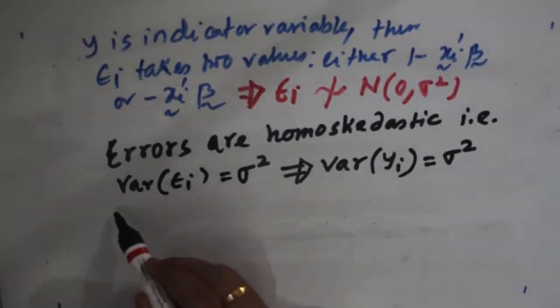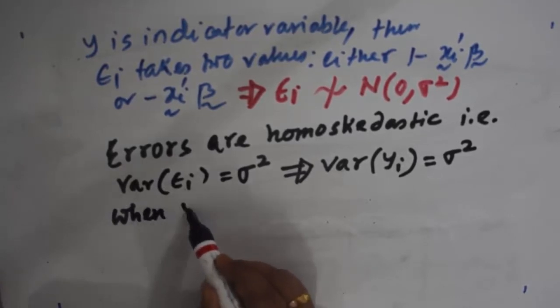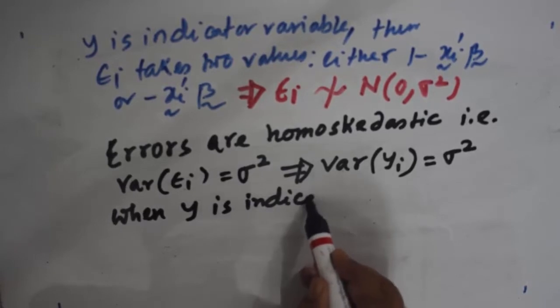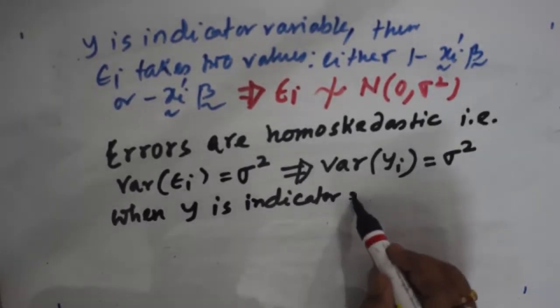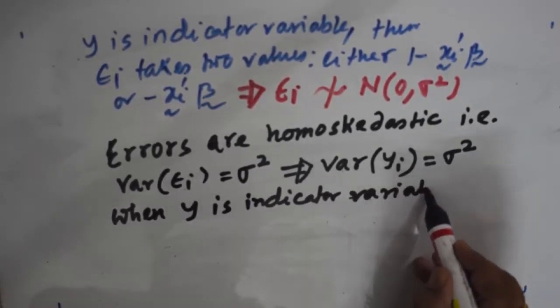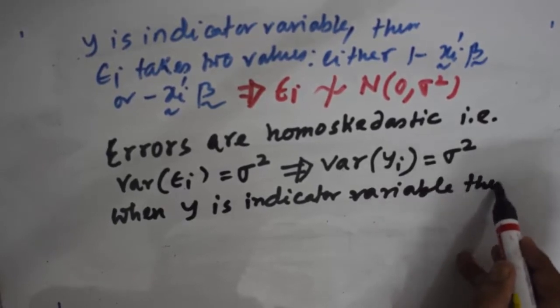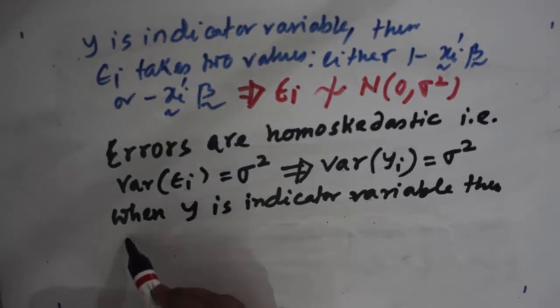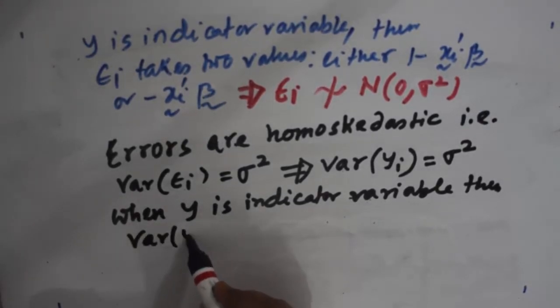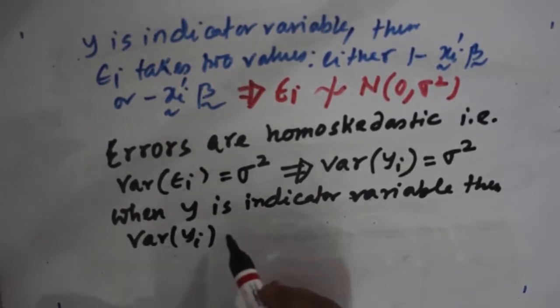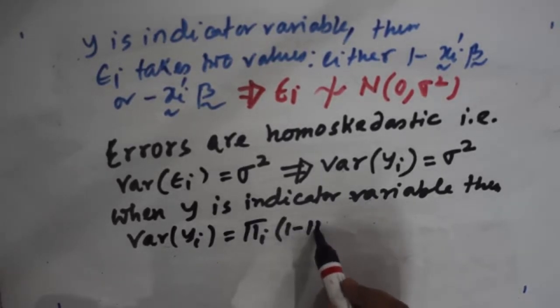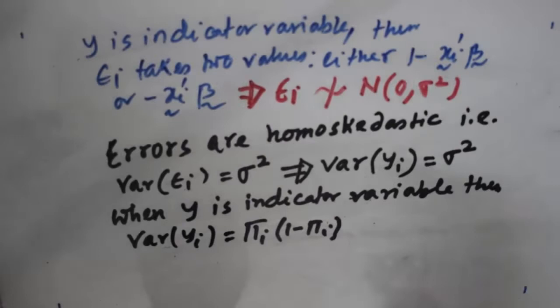But when y is an indicator variable, then variance of yi equal to pi i into 1 minus pi i.